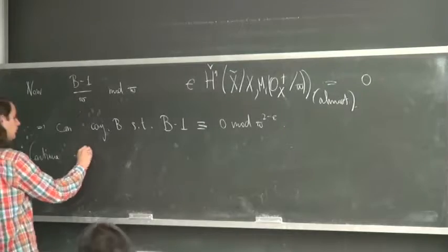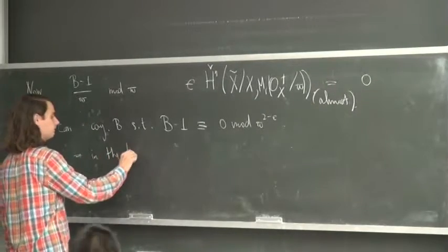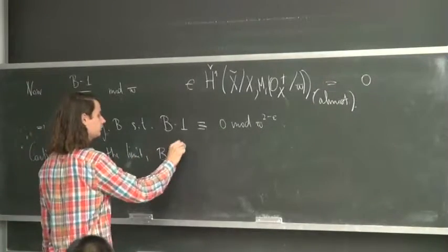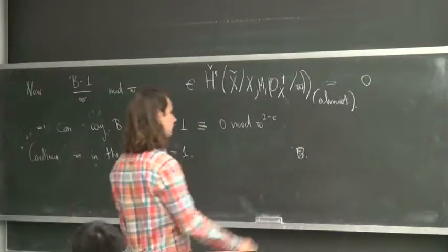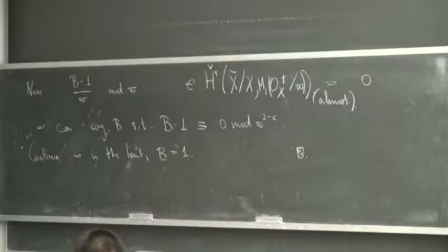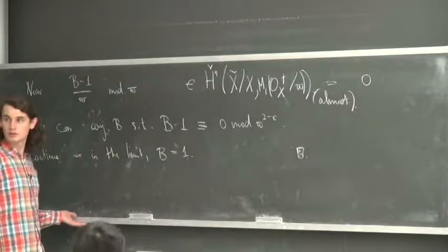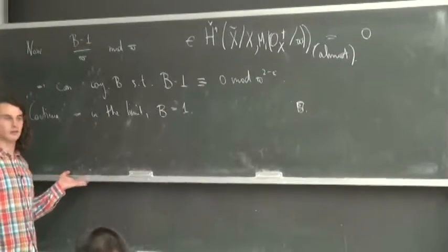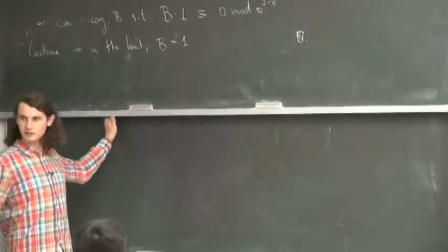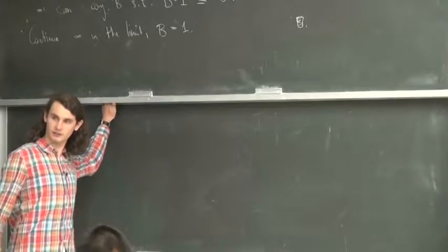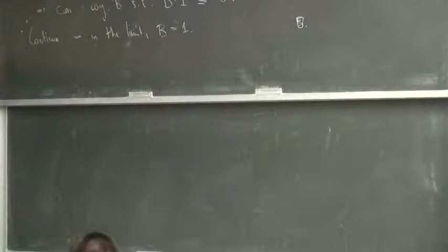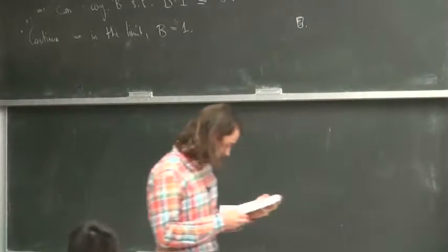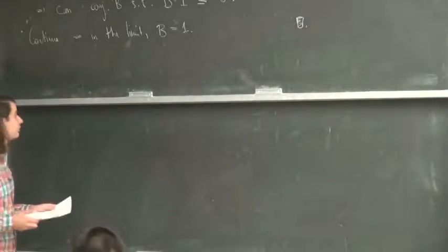And so in the limit, we're done. Because the ring is formal? It's p-adically complete. Everything is p-adically complete. Okay, so that's a funny-looking statement.